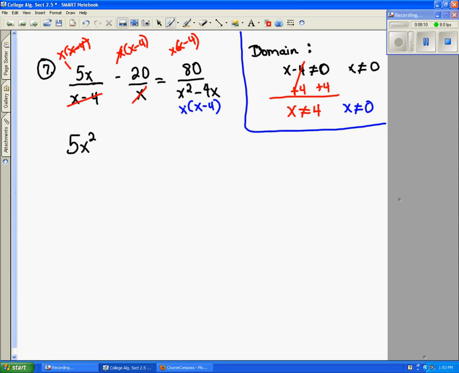This x cancels this x, and I have negative 20 times x minus 4, and then this cancels this whole thing, so I'm left with equals 80.